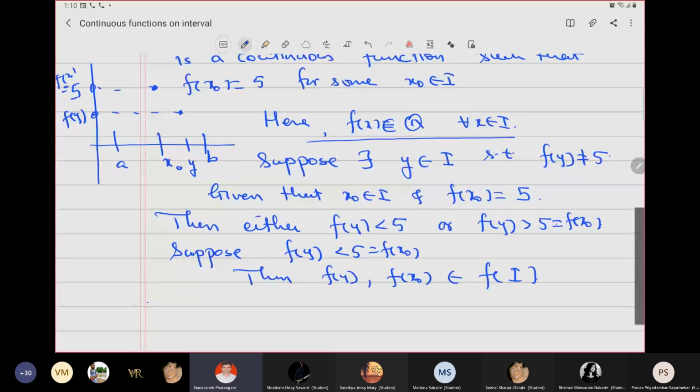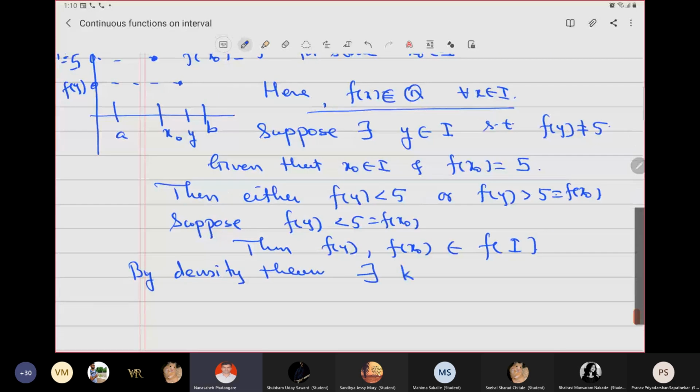So now just concentrate on the range, the set, where 5 is f(x0). So by the density theorem, there exists an irrational number k such that f(y) is less than k less than f(x0).